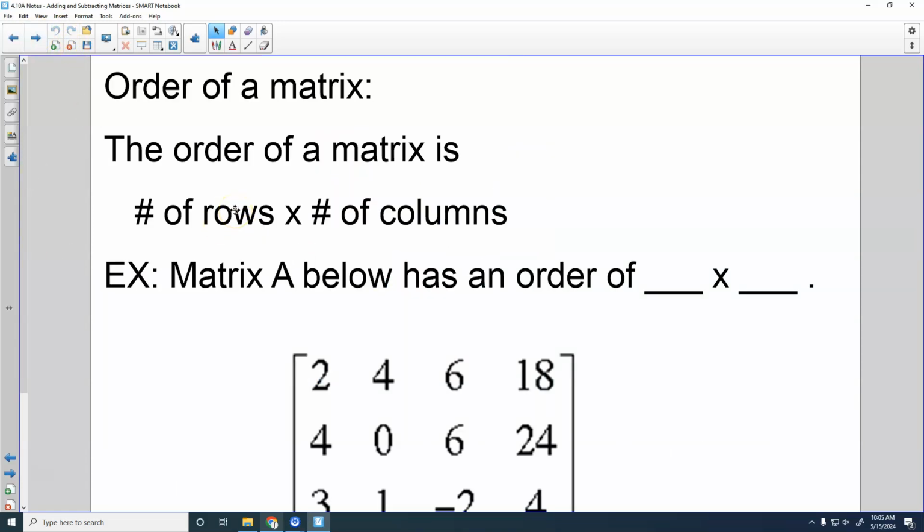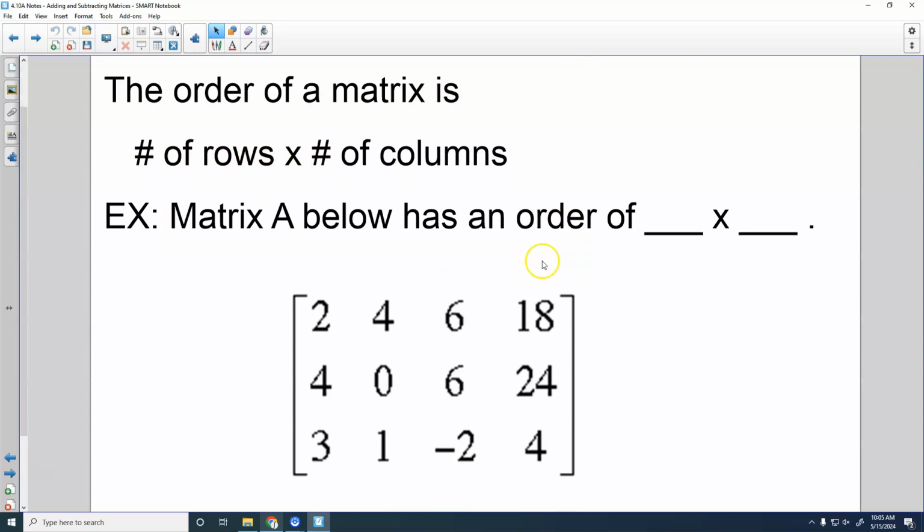The first thing we're going to learn about is the order of a matrix. The order of a matrix is the number of rows times the number of columns. So, for example, the matrix below has an order of... The rows always come first. Rows go across. So, here's row 1, row 2, row 3.